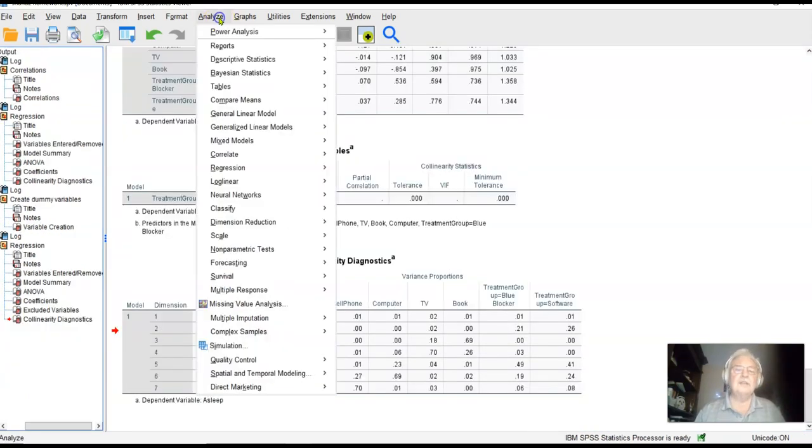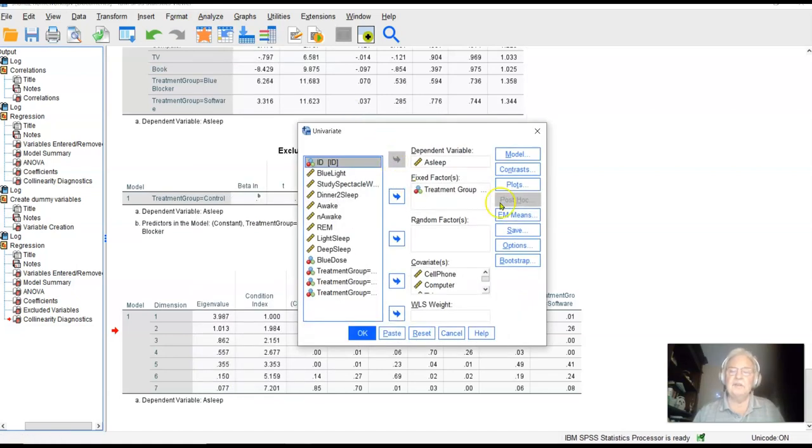So analyze, general linear model, univariate, and then let's go to post-hocs. They were grayed out because we added all of this other to make it a regression. So let's get rid of those.